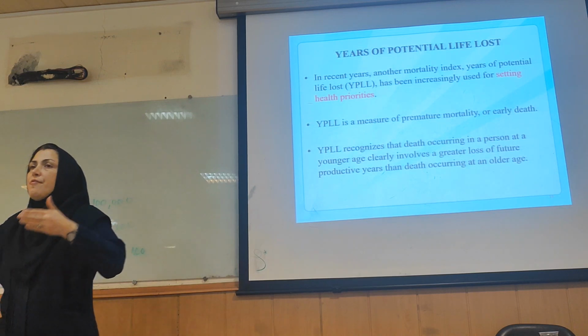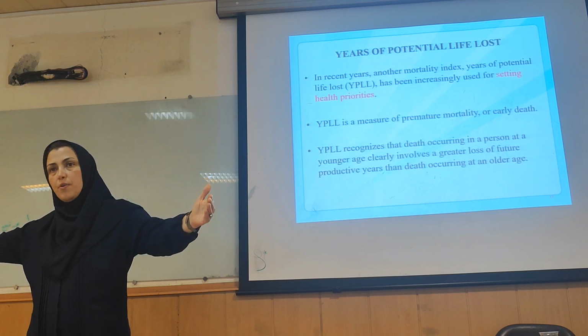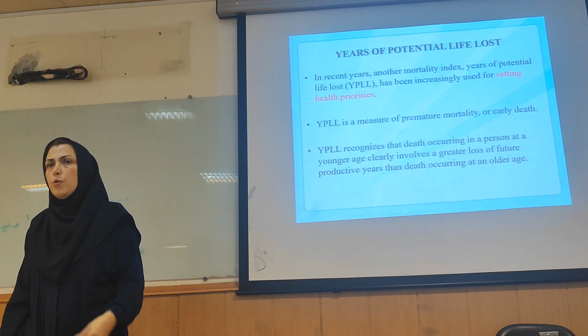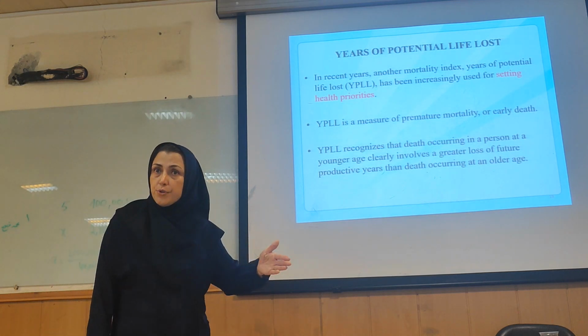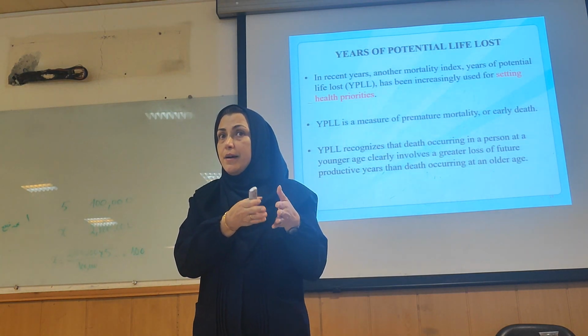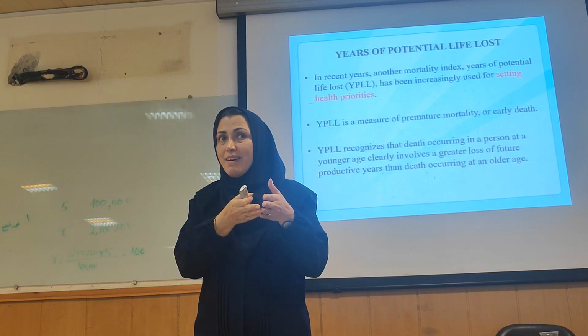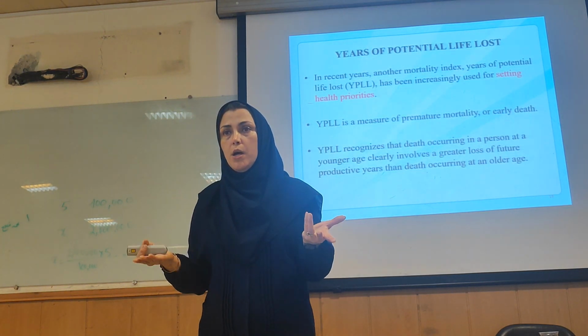You may have 1,000 deaths from that disease and 1,000 deaths from that disease. Which is more important? The disease that produces deaths at an earlier age. Why?